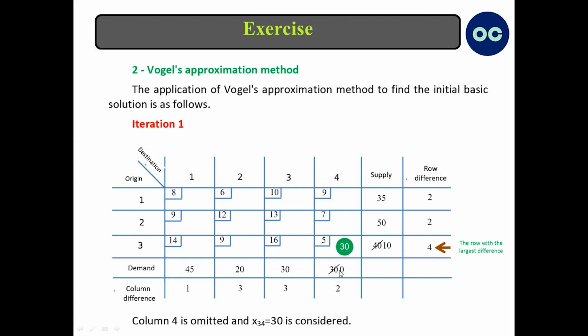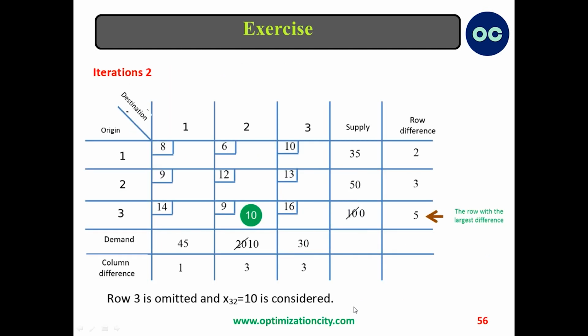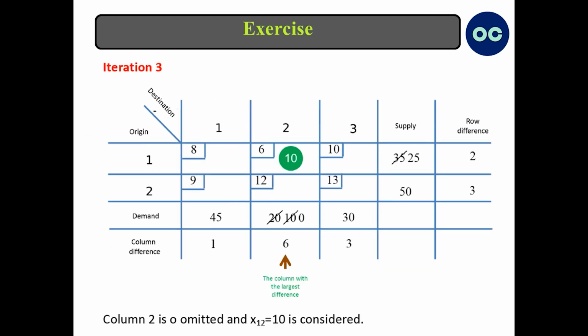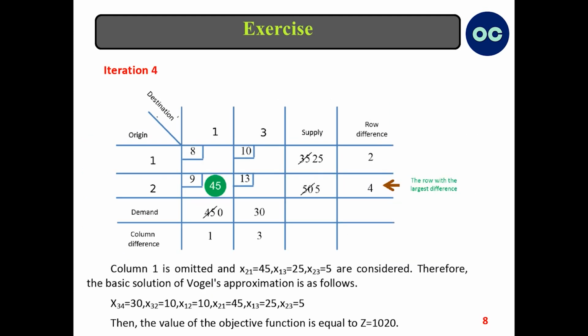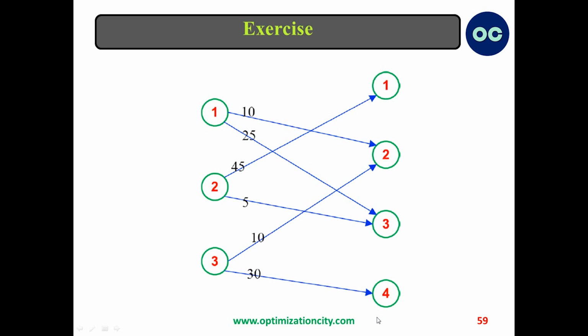We have the 0 and we have the 10 and we add the row column 4 and we go forward to find the initial basic solution using the Vogel approximation method. So in this case, the solution is 1020, which is less than the initial basic solution for the northwest corner.